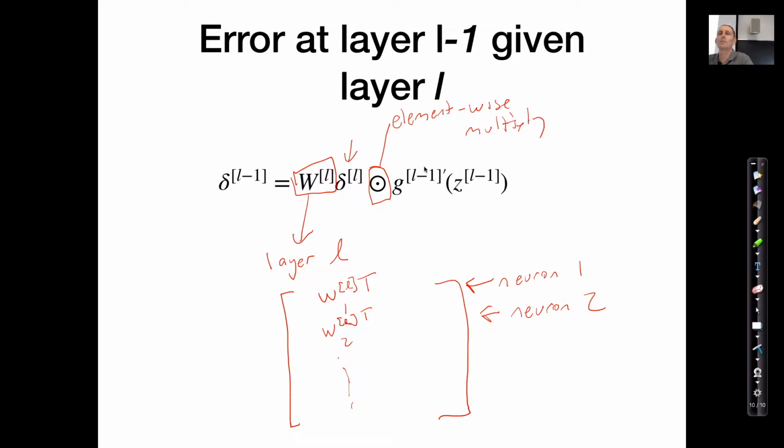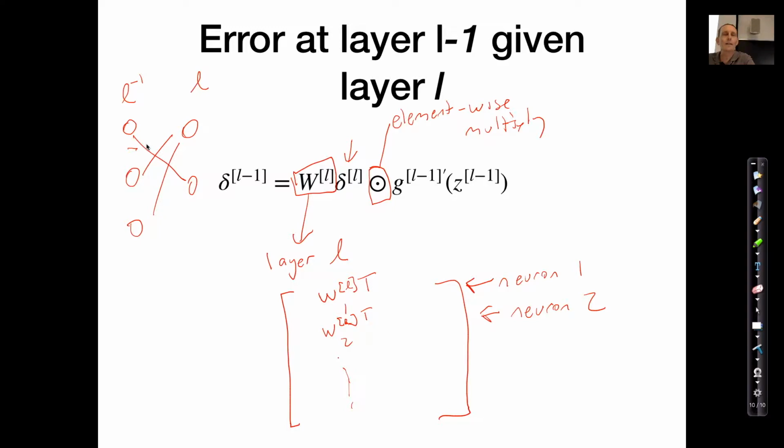And then we multiply the derivative times the incoming z's. Let's look at a picture. Let's say this is layer L, and this is layer L minus 1.